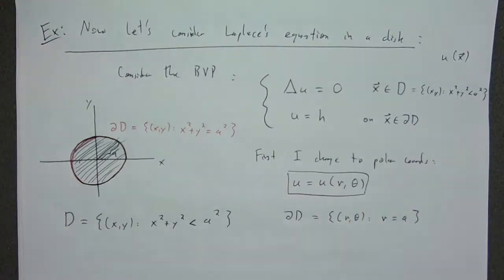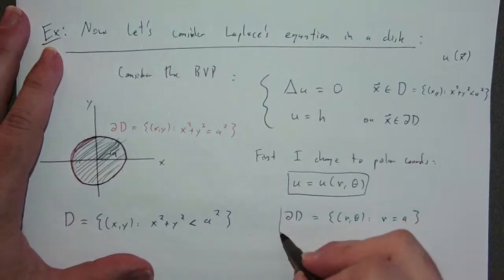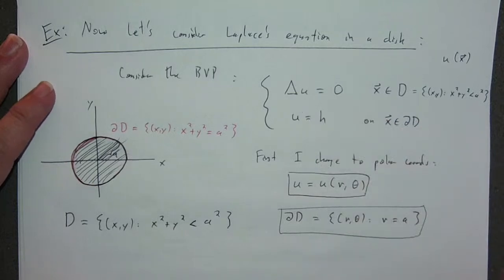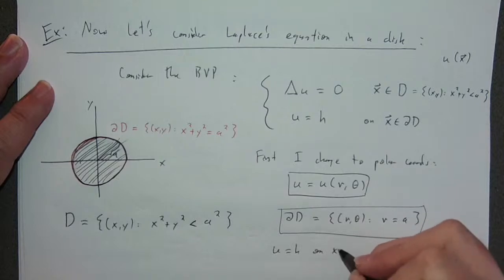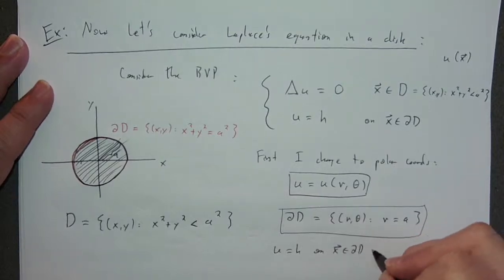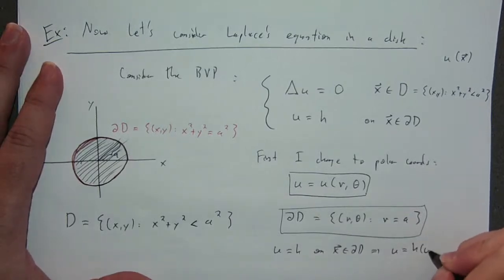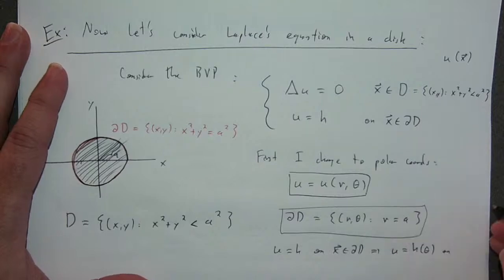R equals a is the equation that describes that boundary circle. R being strictly between 0 and a describes the open disk. So another way of rewriting this is to say that u equals h on the boundary implies u is h of theta on r equals a.